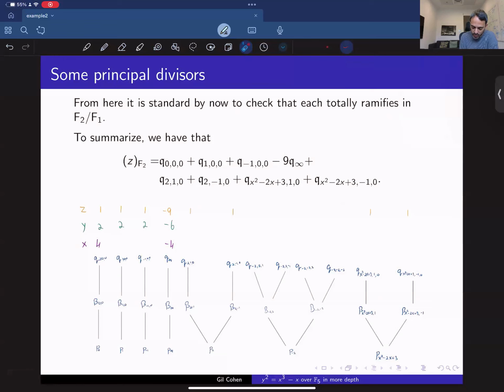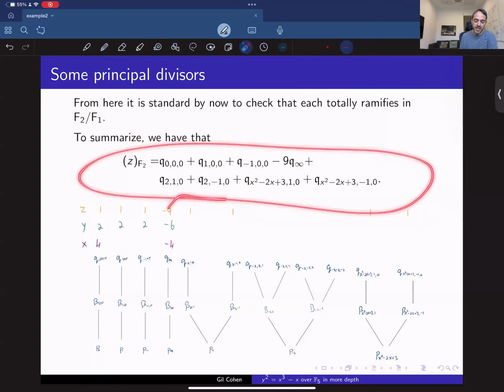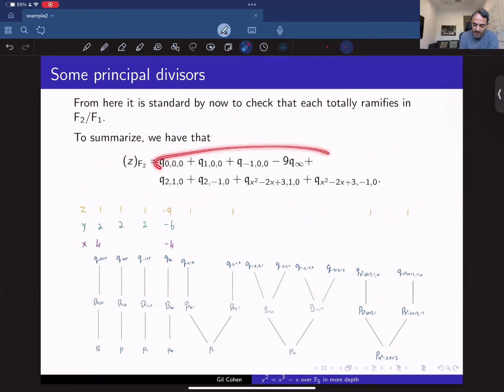Good, so that's the picture. So before the picture, that's the principal divisor of Z. You had the easier prime divisors to find, and then you had these two that were slightly hidden, but there were these two which were even more hidden because they lie over non-rational prime divisors of X in F0.